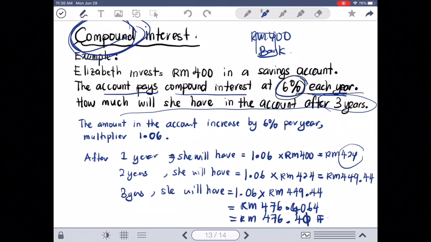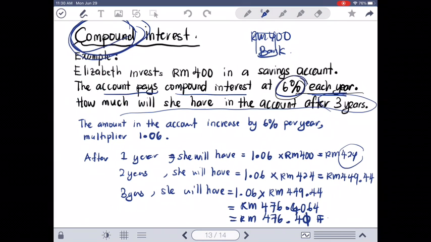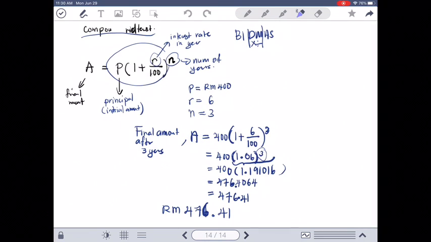So both methods, if you see, you get the same answer, right?